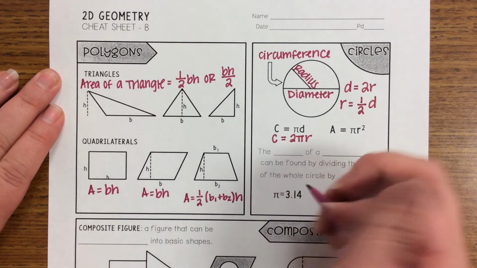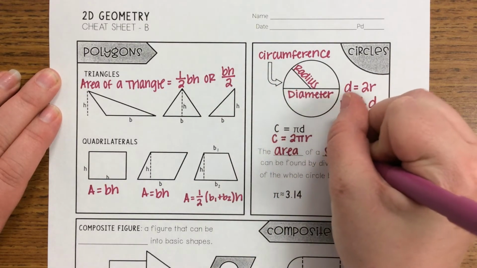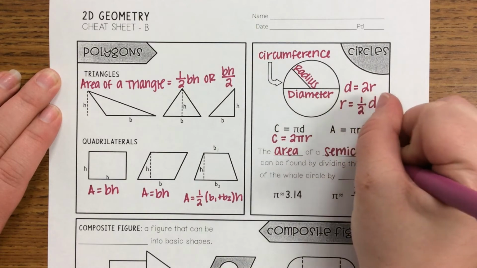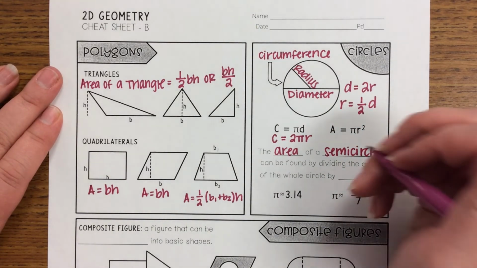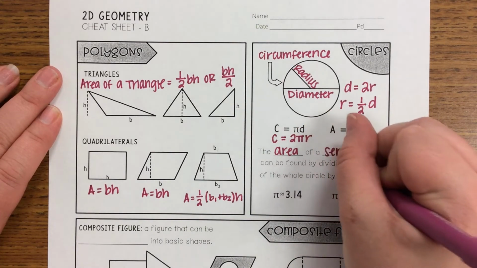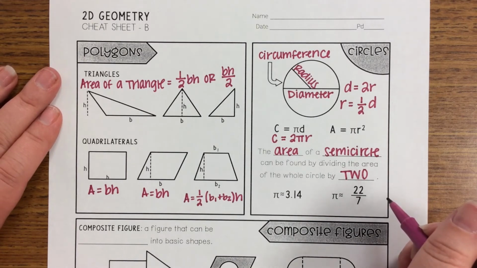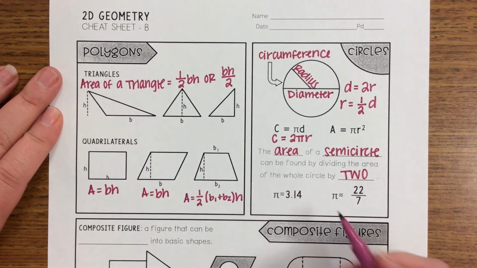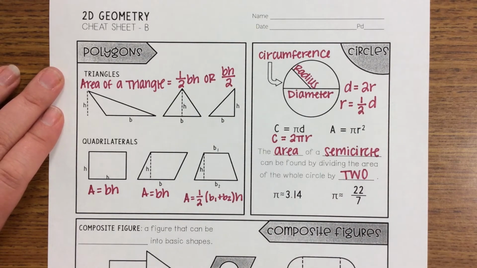Then it states that the area of a semicircle can be found by dividing the area of the whole circle by 2. And then they want us to know that some equivalent values of pi would be 3.14 or 22/7.